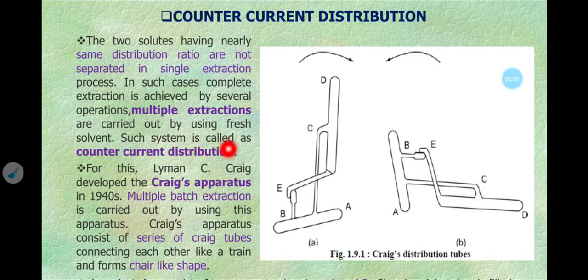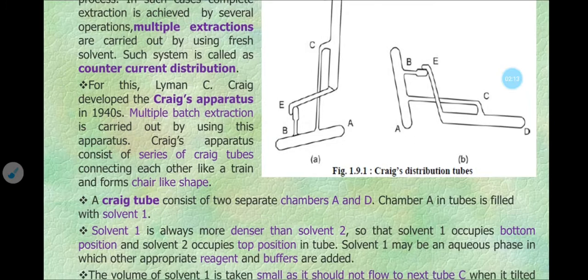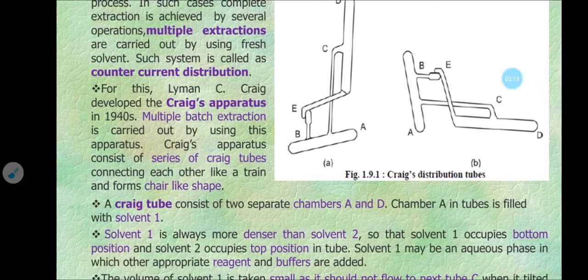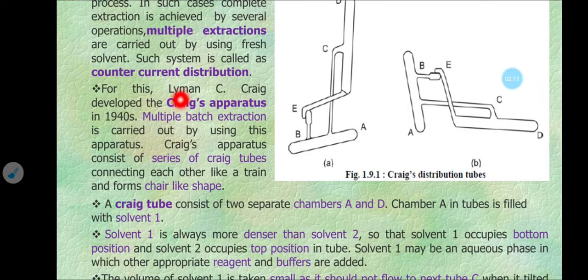Such a system is called countercurrent distribution. For this countercurrent distribution or multiple extraction, Lyman C. Craig developed the apparatus in the 1940s. This apparatus is called Craig's apparatus, and it can be used to carry out multiple batch extraction.